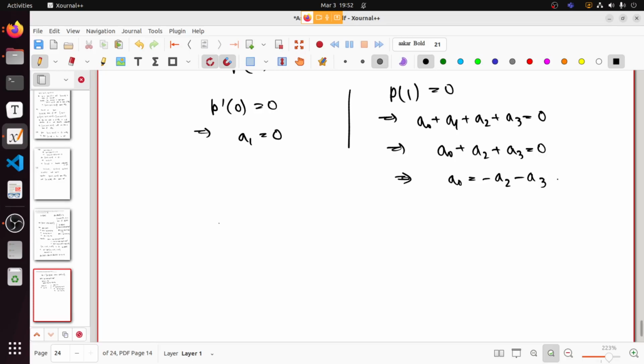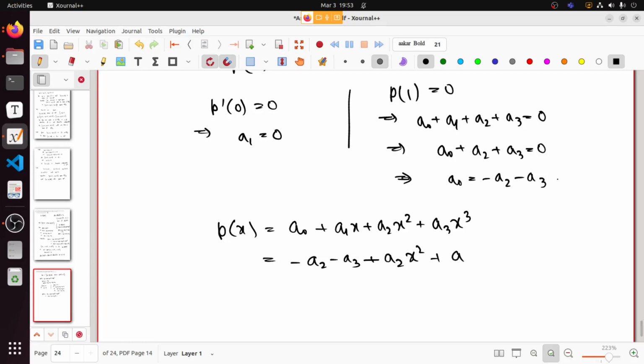So therefore the general polynomial will look like a0 plus a1x plus a2x squared plus a3x cube. Put a0 as minus a2 minus a3, a1 is 0, so this is a2x squared plus a3x cube. Then take a2 common out in minus 1 plus x squared, plus take a3 common out in minus 1 plus x cube.